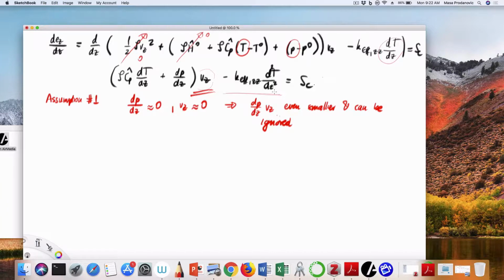So assumption number 2 is that the Reynolds number is relatively large, by which I mean larger than 200.